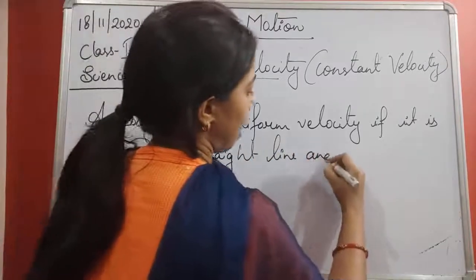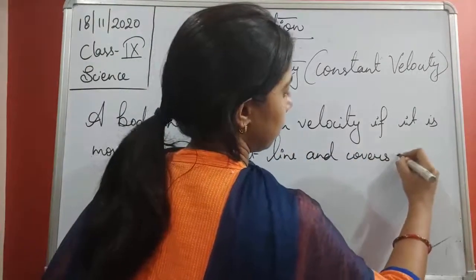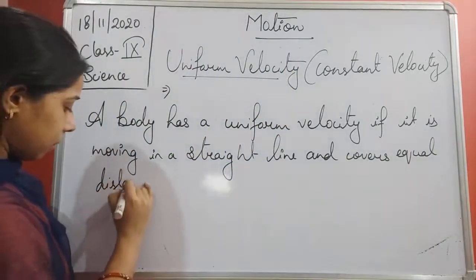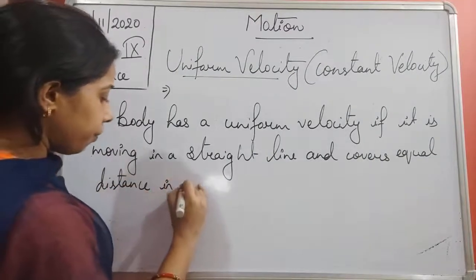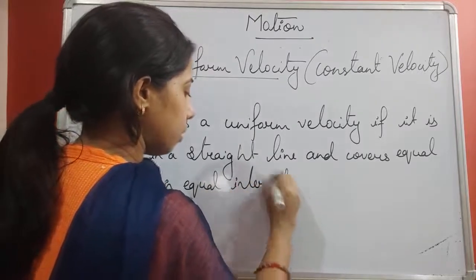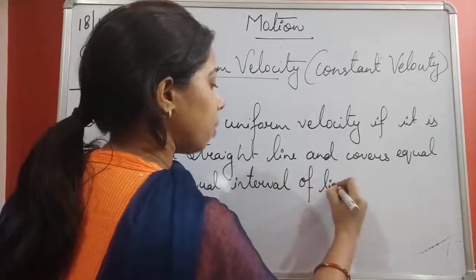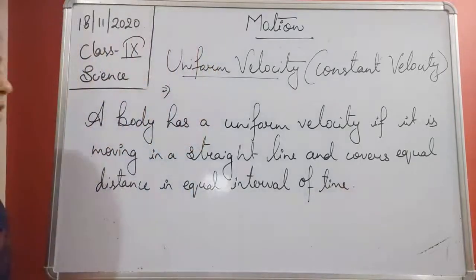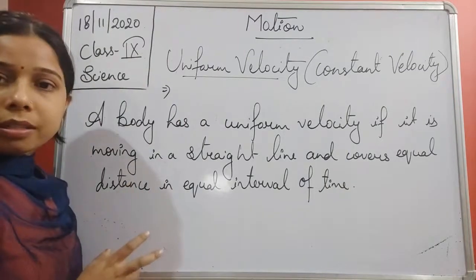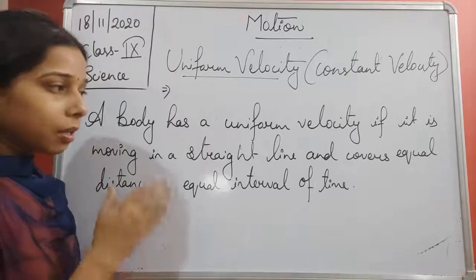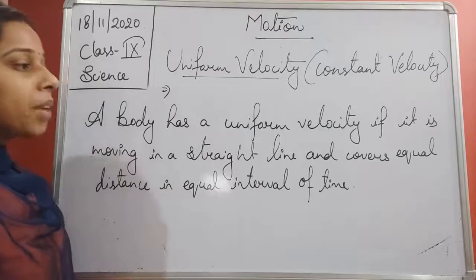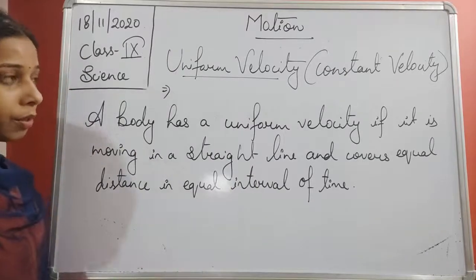So we can write it: and covers equal distance in equal interval of time. A body is said to be in uniform velocity if it is moving in a specified direction, in a straight line, and it covers an equal distance in equal interval of time.